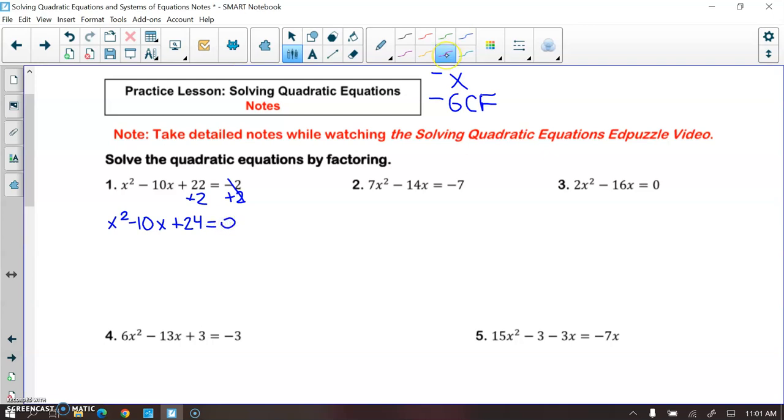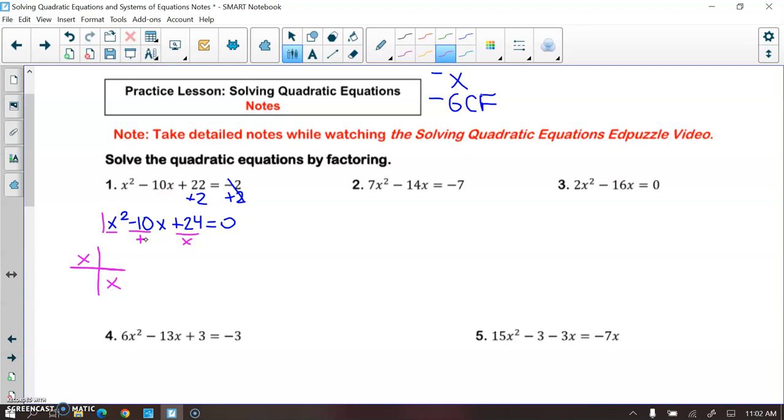Now when we have 3 terms and your coefficient of x squared is 1, this can be factored using the box method. So what we do is we split up our x squared evenly, and then I need 2 numbers that when multiplied together equal a positive 24, but when added together equal a negative 10.